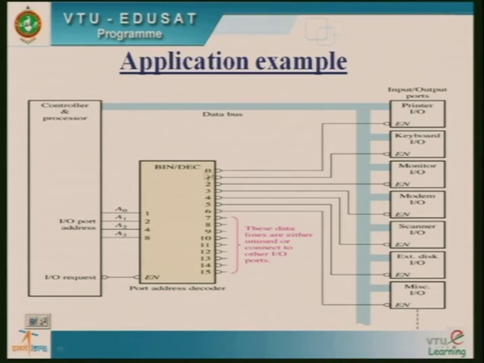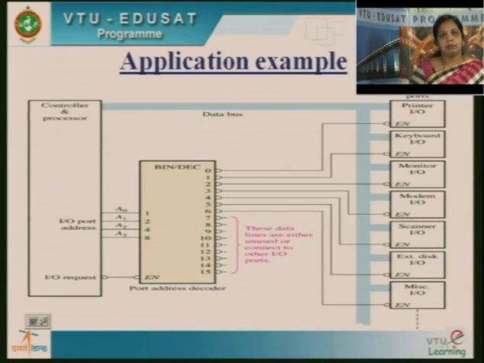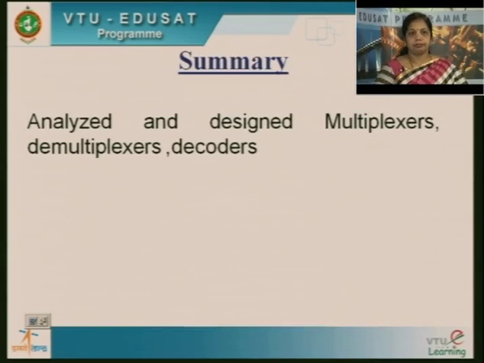With this 4 to 16 decoder, you have 4 inputs. Based on any one of these codes, one output will be active. So that particular port will be activated and can communicate with the processor. This is one of the applications of decoder; there are multiple applications.